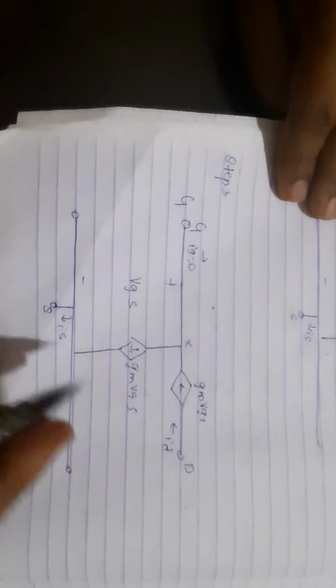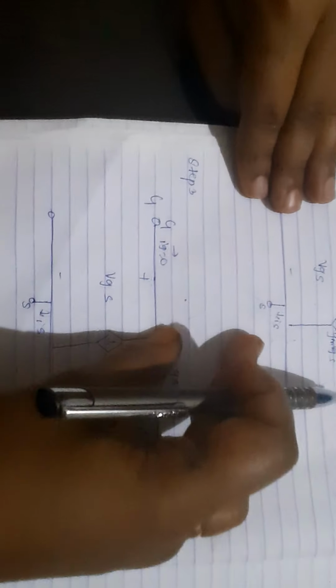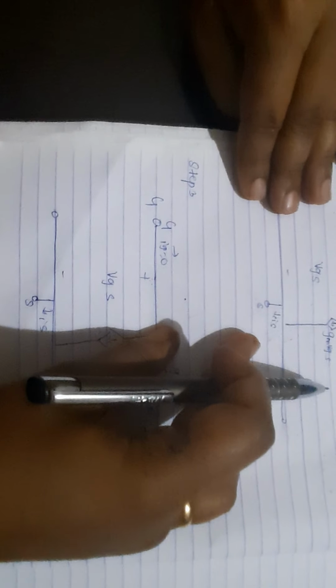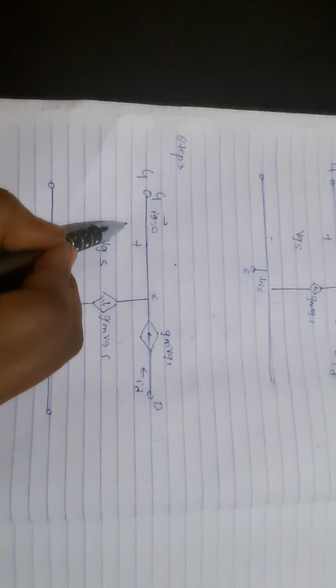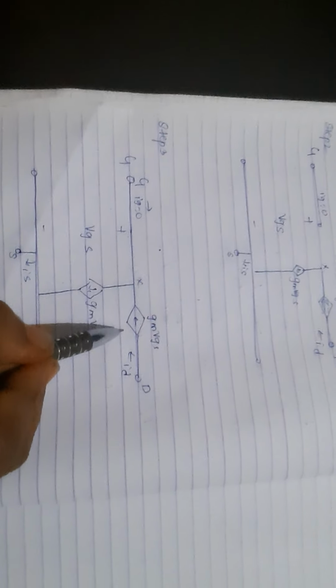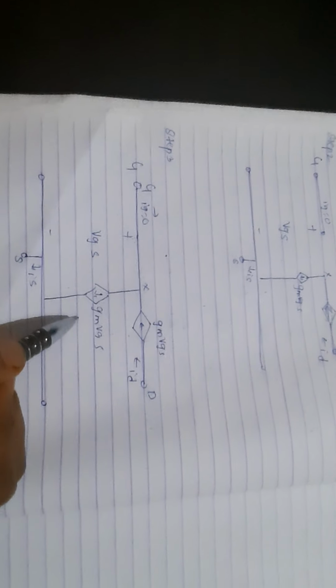We have not altered the previous one. Same thing we have drawn. Only this part will go up, and the rest will all be the same. This current is 0. This Id current is Gm × VGS.